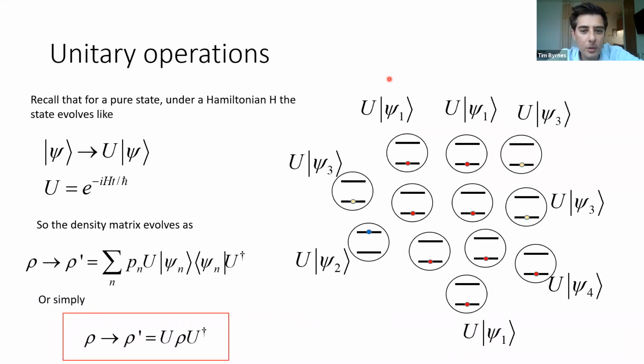The rule is that if you want to evolve a density matrix under a unitary, then you apply the unitary to both sides, left and right side of the density matrix. This is because the density matrix consists of this average of pure states, and it's a Ket-Bra type of construction, so you need to apply the U from both sides.